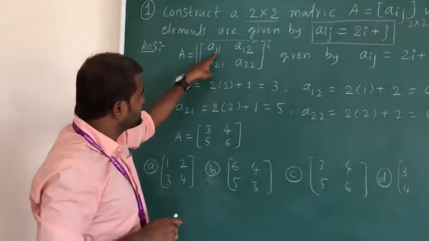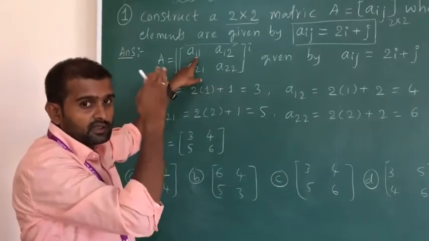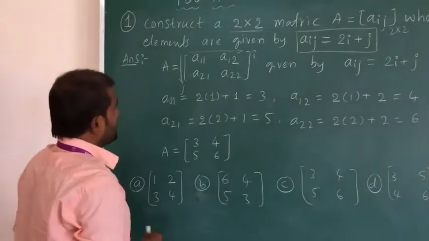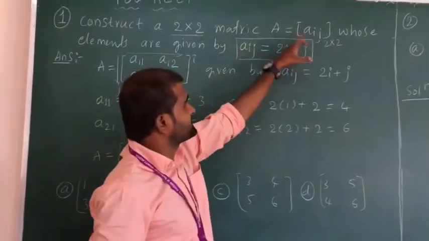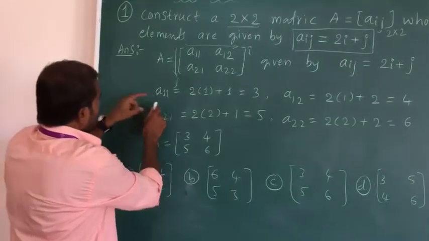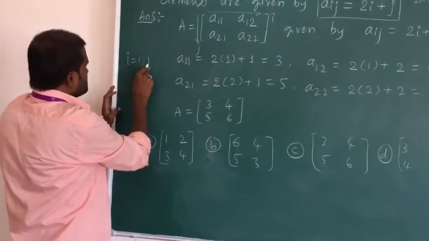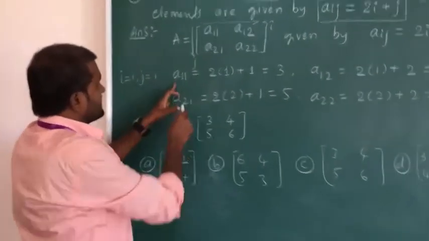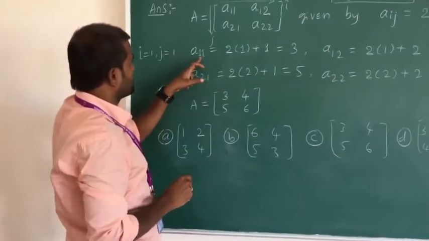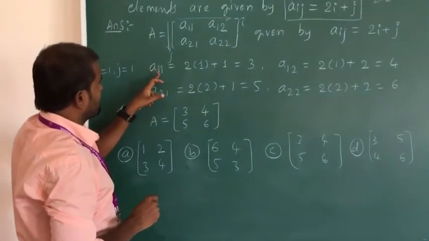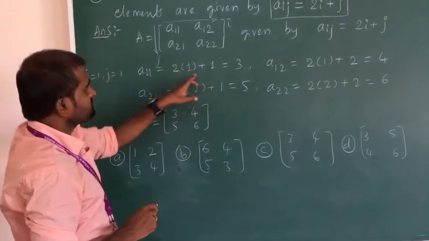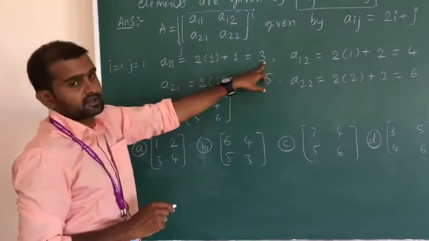If i is fixed, j varies 1, 2; i is 1, j is 1, 2; i is 2, j is 1, 2. Now given the expression Aij is 2i plus j, take i is 1, j is 1. A11 equals 2 into 1 plus 1, which is 3.